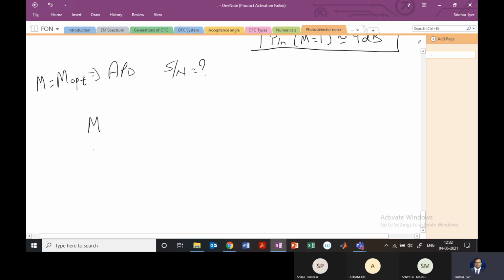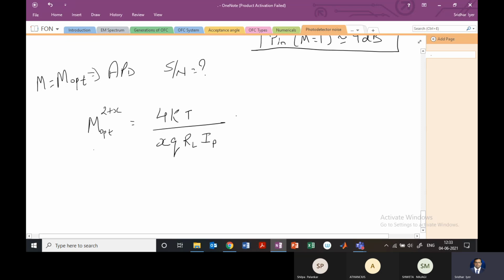So m optimum raised to 2 plus x is 4kT divided by x q RL and IP. In the equation we derived earlier, we had written IP plus ID, but here the question says the dark current is negligible, so we don't have any term for ID.